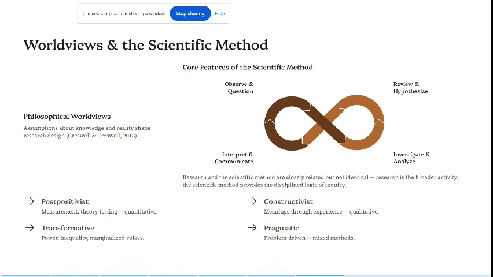Another type is pragmatic, a point of view that works on problems. They think we need to find a problem, then solve this problem. They use any kind of method or approach to find the solution. So they consider mixed methods, mixed approaches.